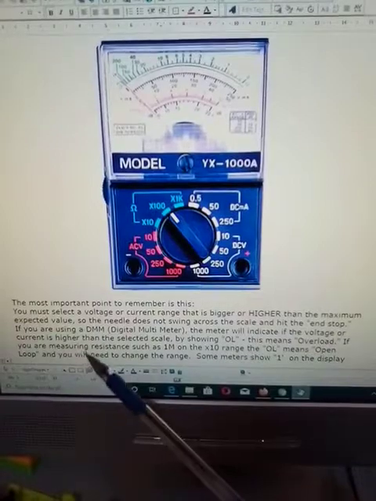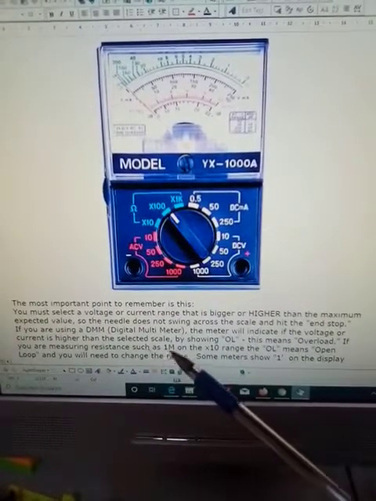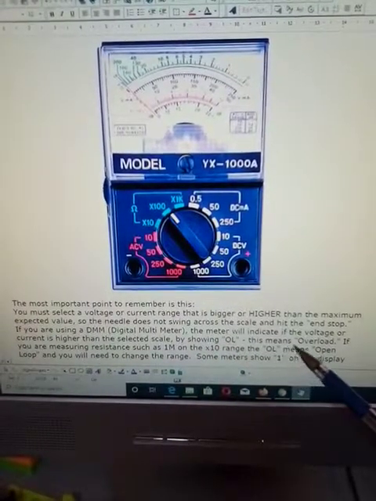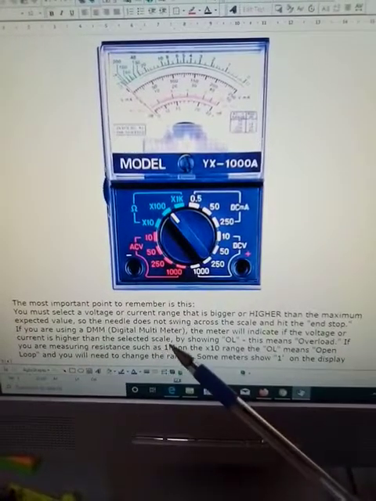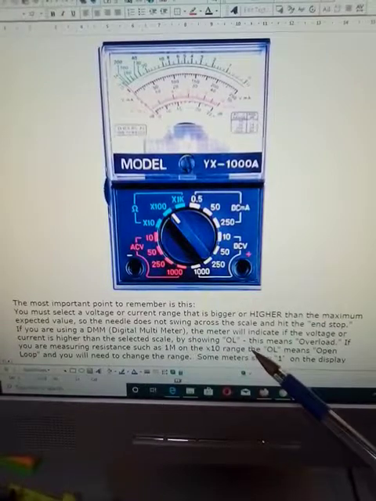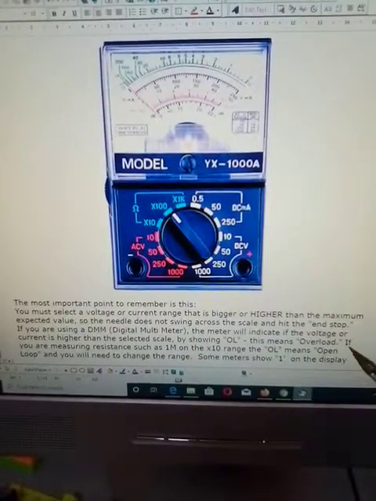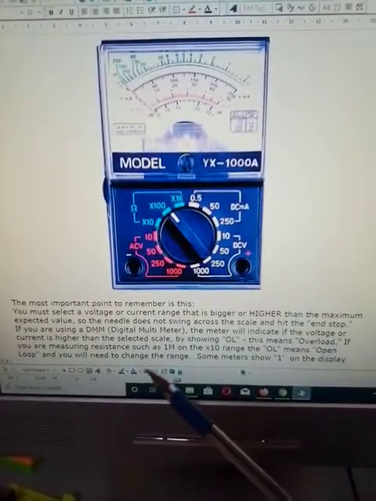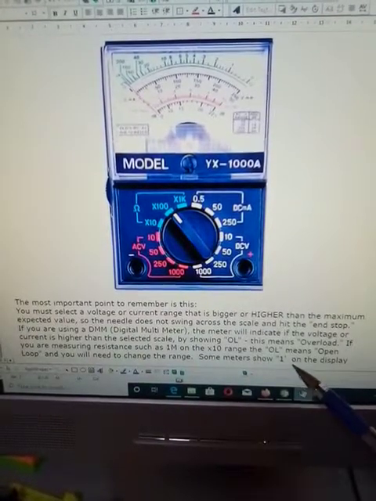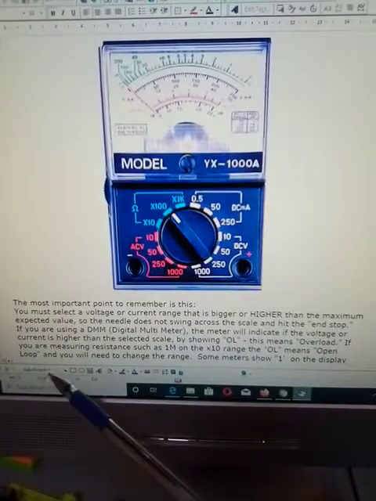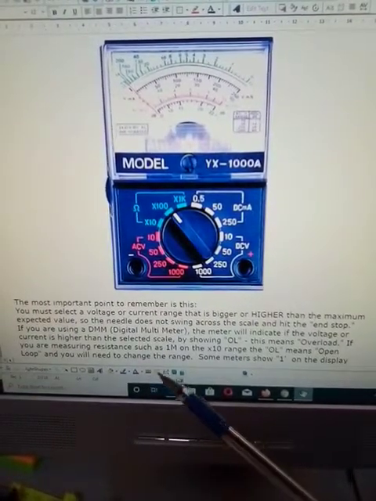If you are using a DMM digital multimeter, the meter will indicate if the voltage or current is higher than the selected scale by showing OL, which means overload. If you are measuring resistance such as 1 megohm on the times 10 range, the OL means open loop, and you will need to change the range.